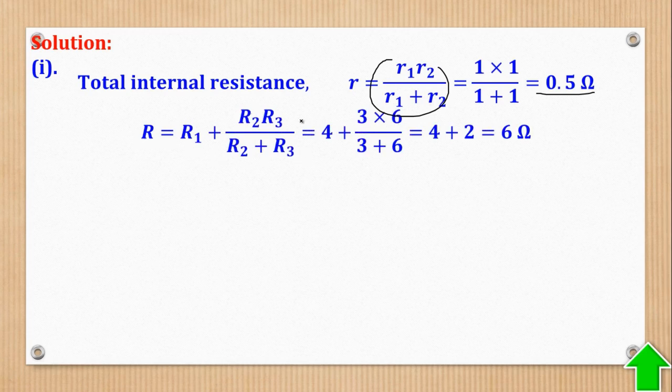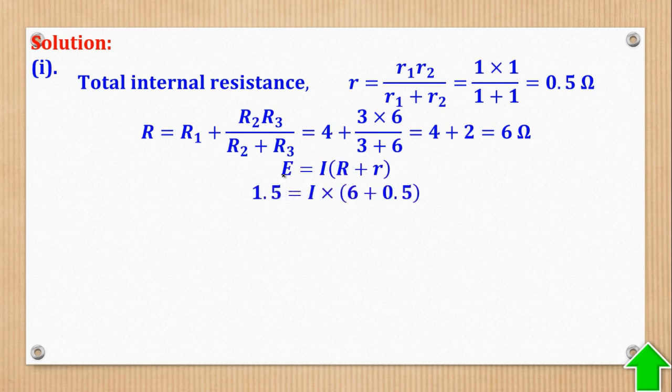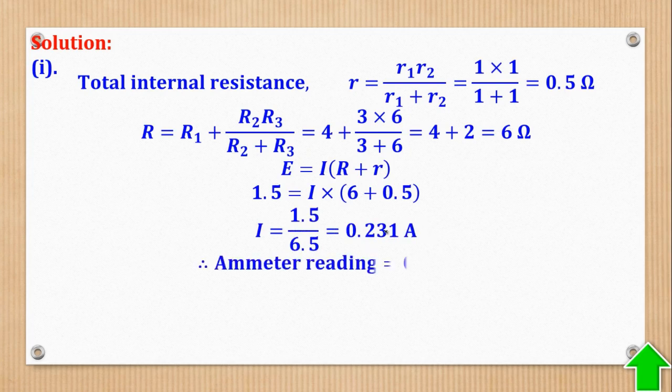External resistance will be got by first combining these ones in parallel, then you join them to this which is in series to give you 6 ohm. Therefore, E is equal to I in brackets R plus r. Therefore, substitute E is that, I we don't know, external resistance we know it is 6, and small r we know it is 0.5. Therefore, make I the subject to give you that. Meaning that ammeter reading is that.